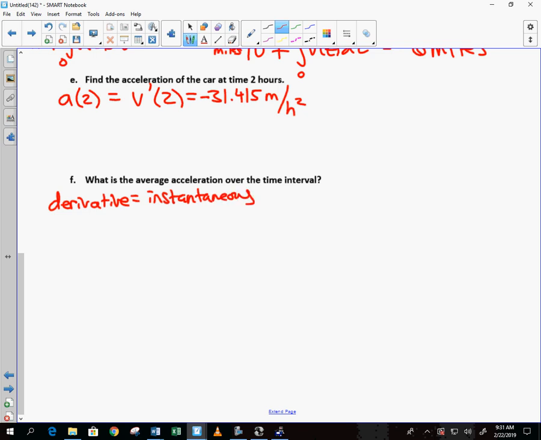Derivative is instantaneous rate of change. Slope is average. So in order to calculate the average acceleration, we do v of 4 minus v of 0 over 4 minus 0.